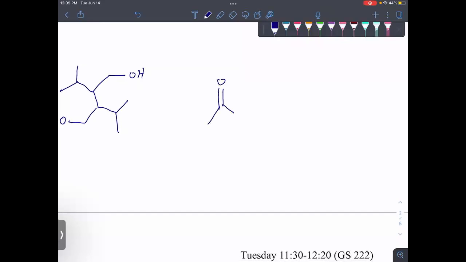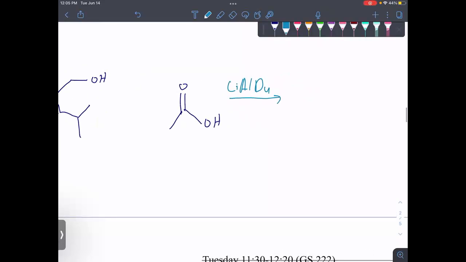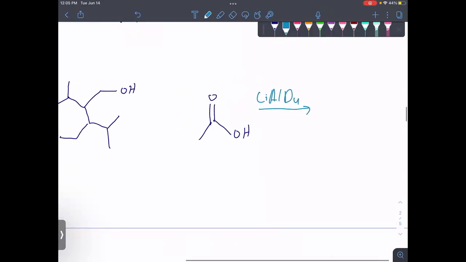Let's say we had a carboxylic acid, and instead of LiAlH4, you were given LiAlD4. So instead of an H, what is doing the attacking? Yeah, so instead of an H minus attacking, you have a D minus attacking. So the D minus goes in, attacks the carbonyl.